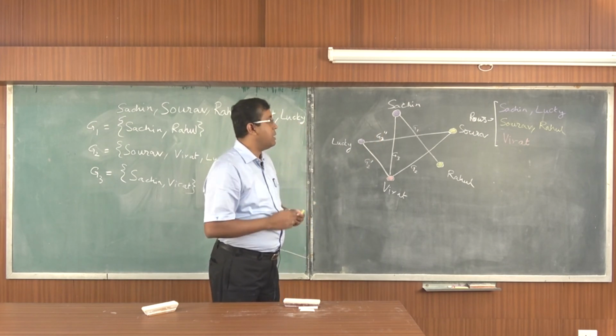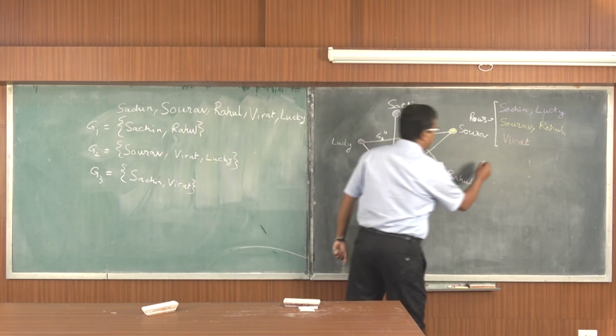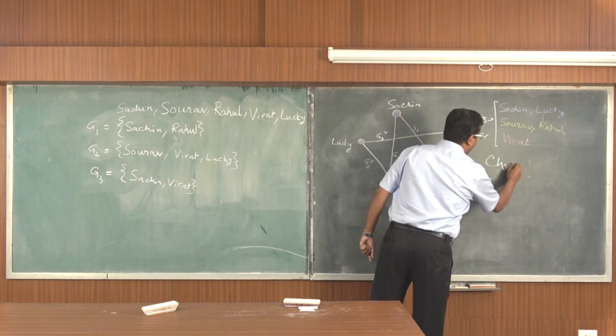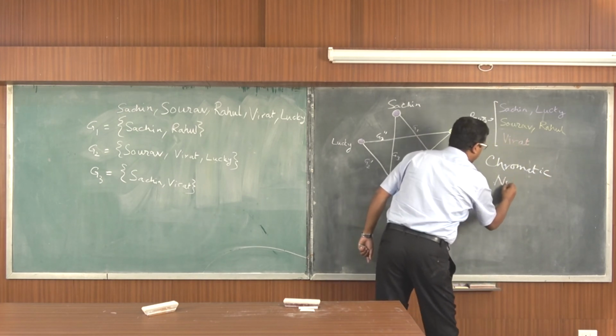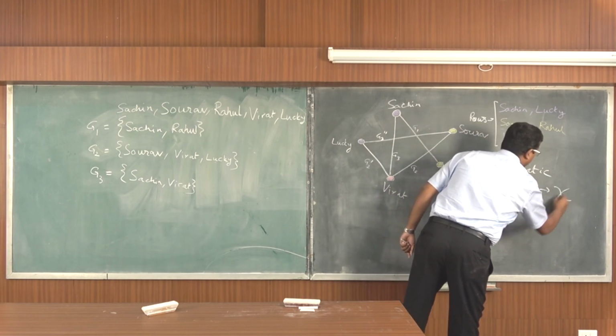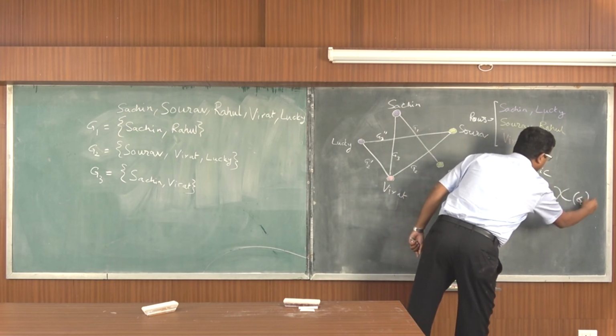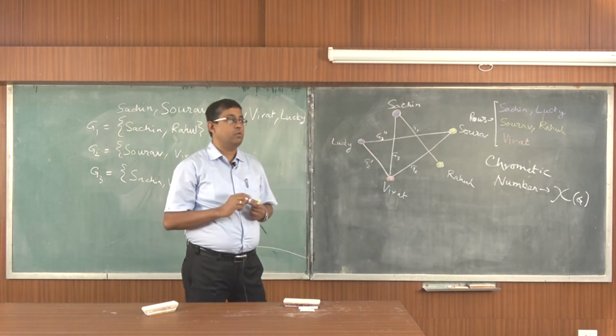So this minimum number of colors is called the chromatic number of a graph, and it is represented by chi of G. If the graph is G, it is represented by chi of G.